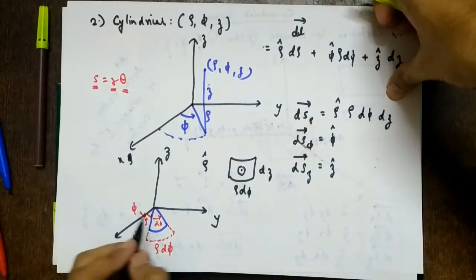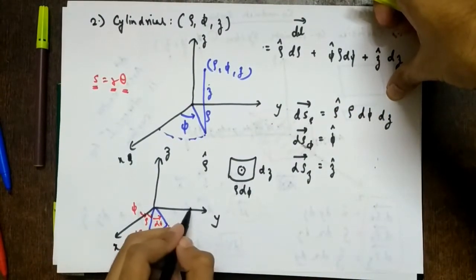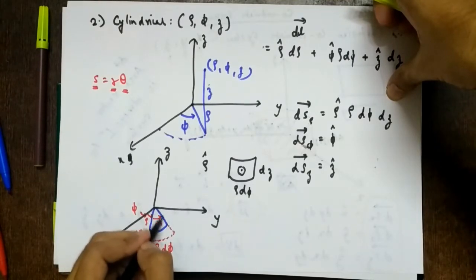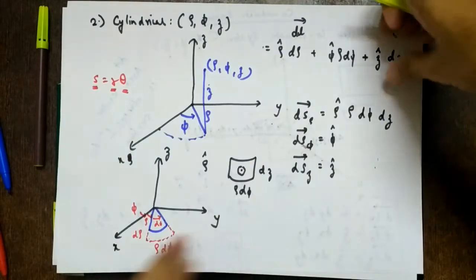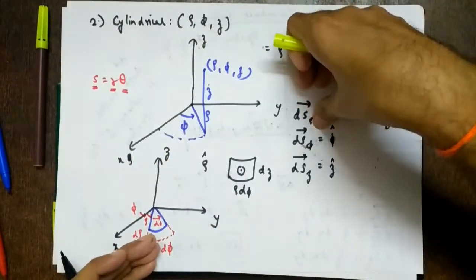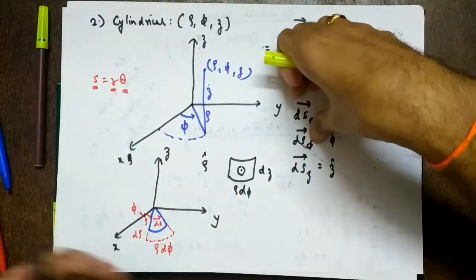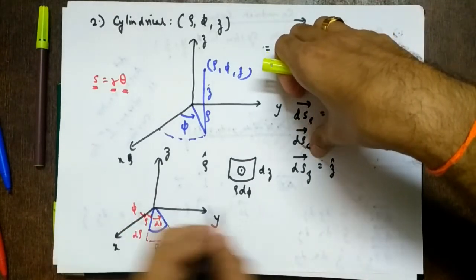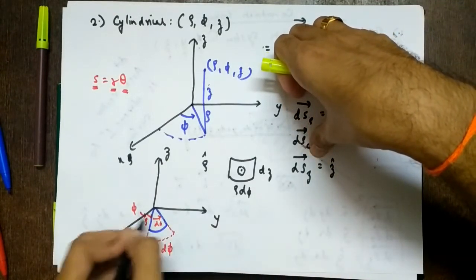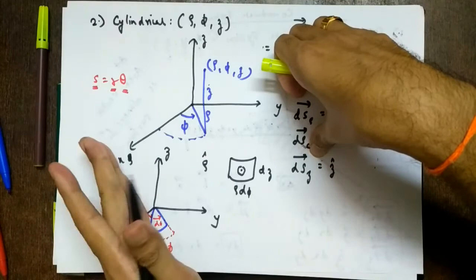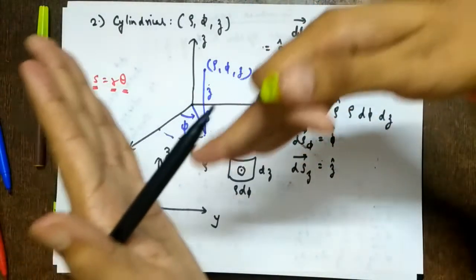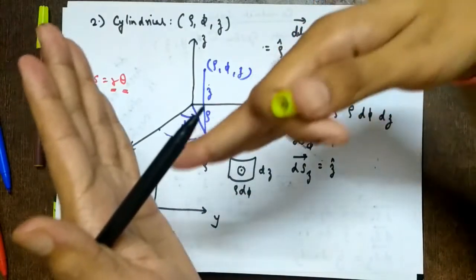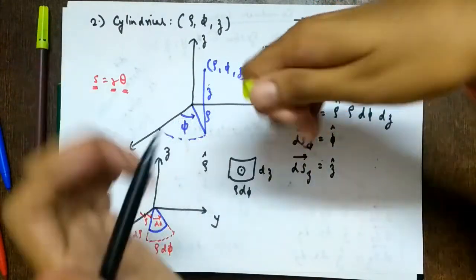Similarly for phi cap. How is phi cap going? Right, like this. So perpendicular is this plane, that is, this upwards. So you have to see from this side. As I told, it is hard to explain in a video, but in the class it becomes quite simple. So draw this. It is coming like this towards you, but you have to see from this side. And this direction is phi cap, right?